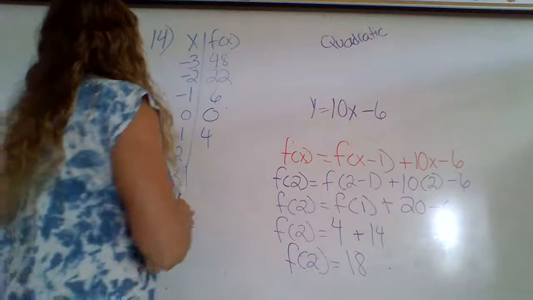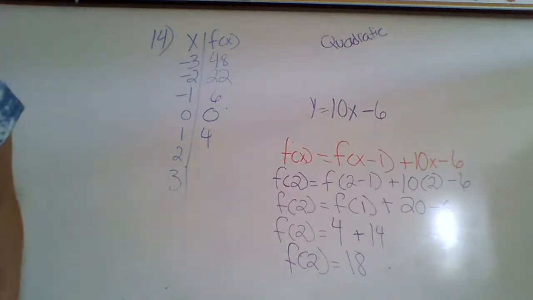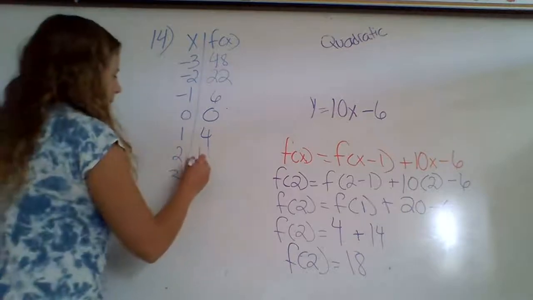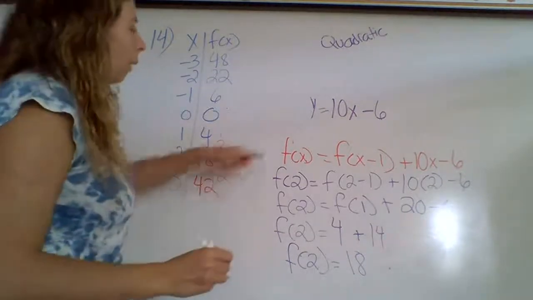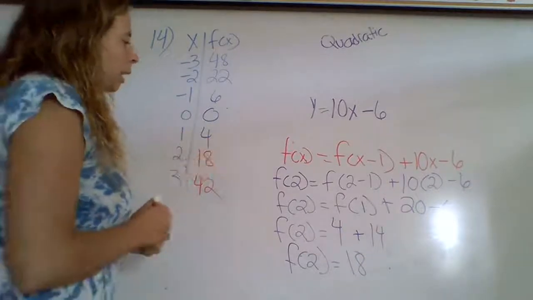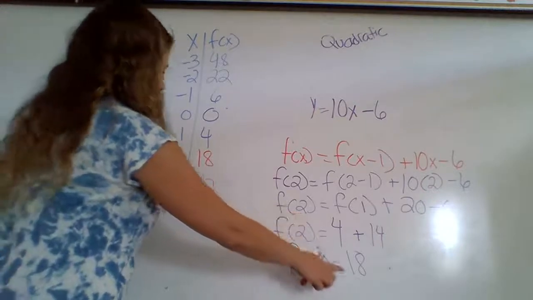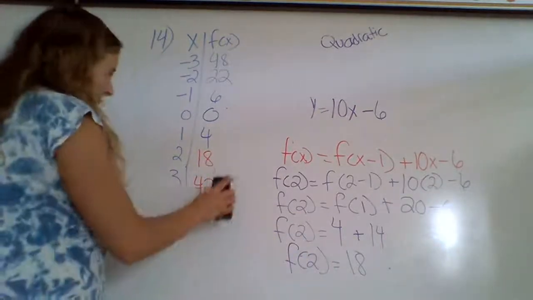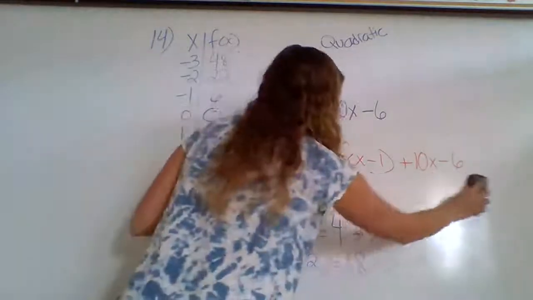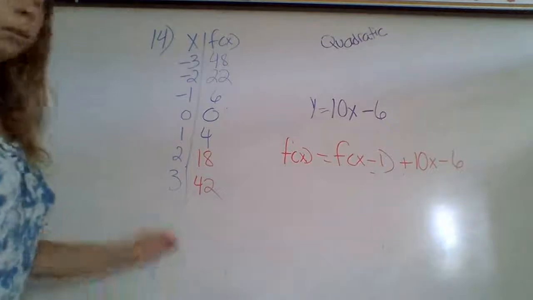Oh, I erased it, but that's what it was. Yeah, so this was 18, and this is 42. Okay, so we tested our recursive equation, and it does indeed work. We got when x is 2, y is 18. Okay, you don't have to test it. I'm just showing you why it works.